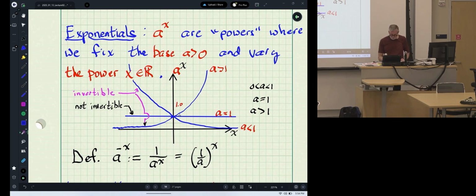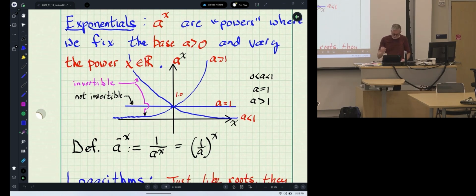Okay, so it's invertible because it passes the horizontal line test, the vertical line test, whichever one it is. So it's monotonically increasing for a bigger than 1 and monotonically decreasing otherwise.